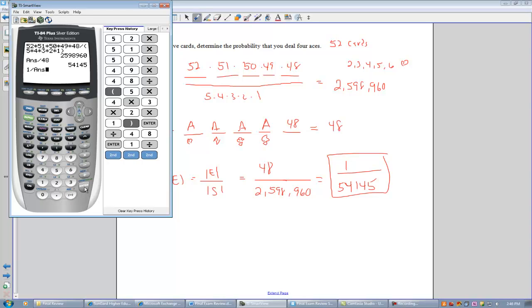Yeah, so that's awfully small. So I'm going to ignore the percentage. It's something like 0.01% or something like that, 0.02%, I think. So I'm just going to leave it as 1 divided by 54,145. Remember, E means times 10, and negative means move the decimal place to the left 5 places.